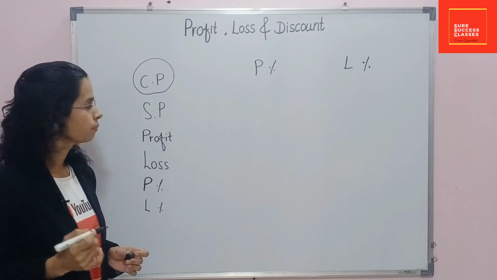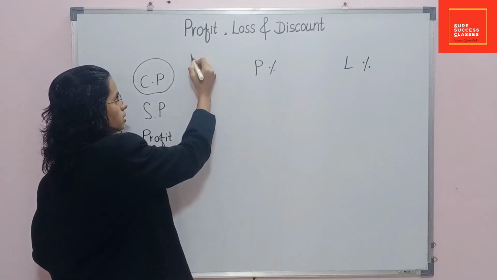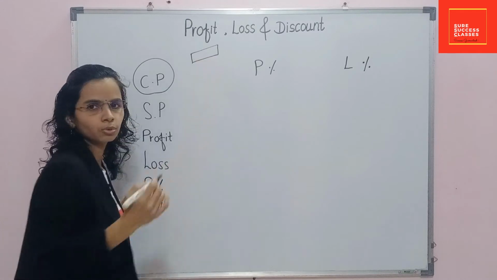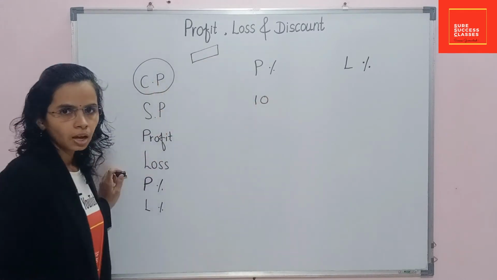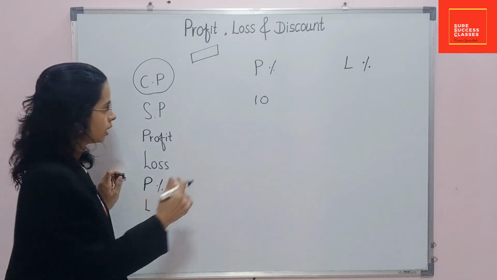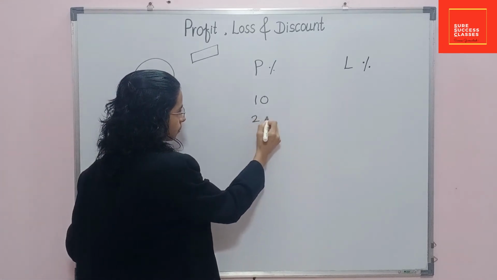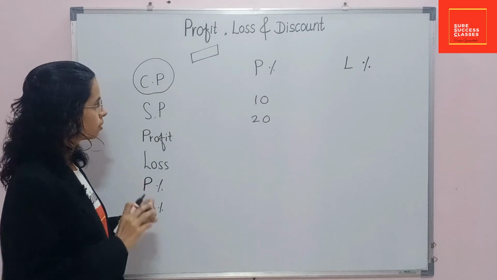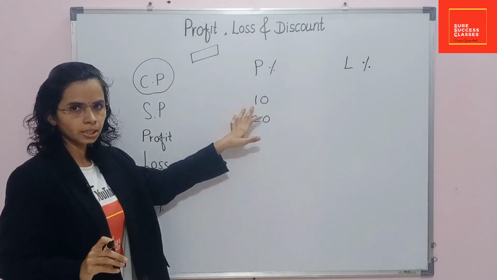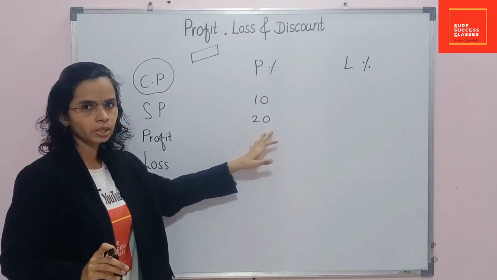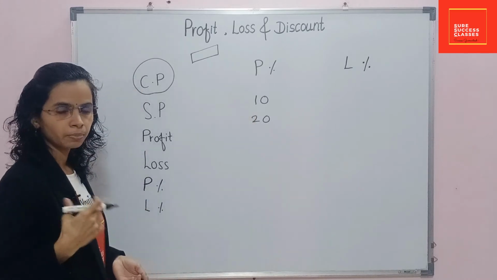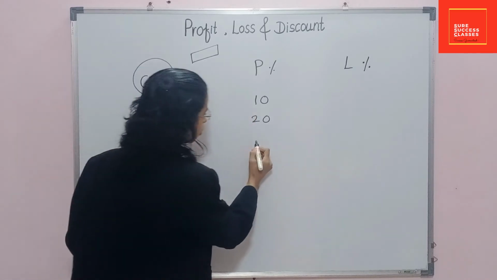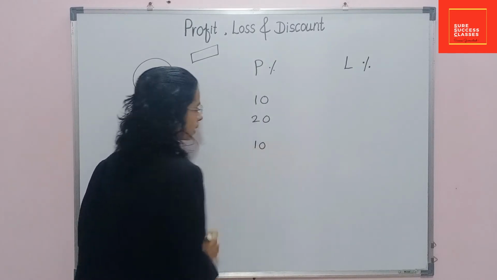If I bought this chocolate bar at rupees 10 and I sold it at rupees 20, means my cost price is 10 and selling price is 20. Here 20 minus 10 means I am gaining 10 rupees more than my cost price.